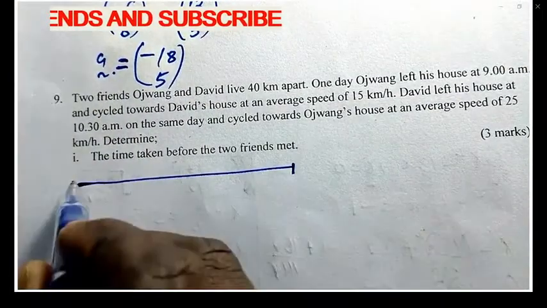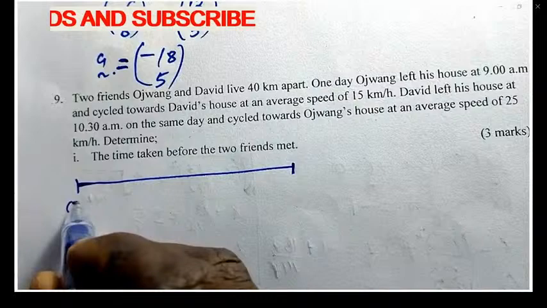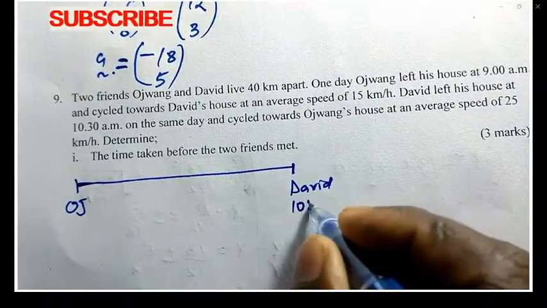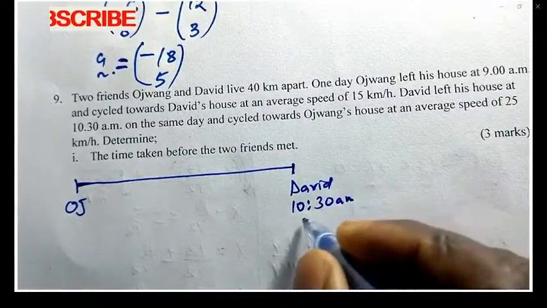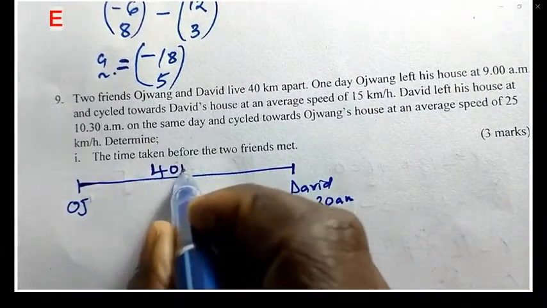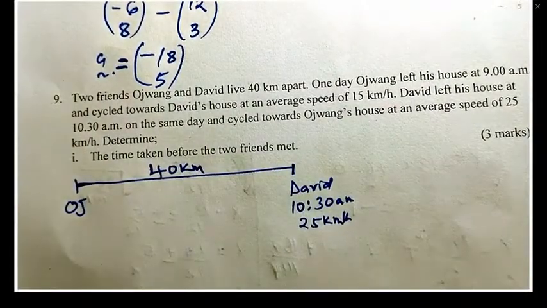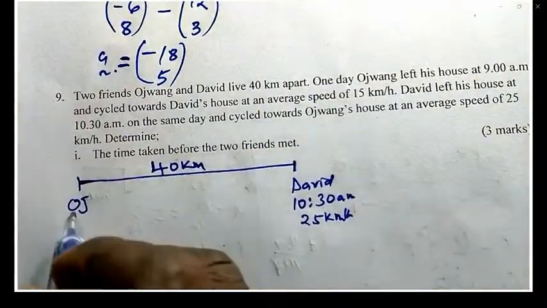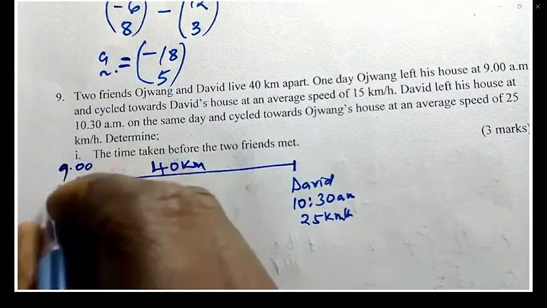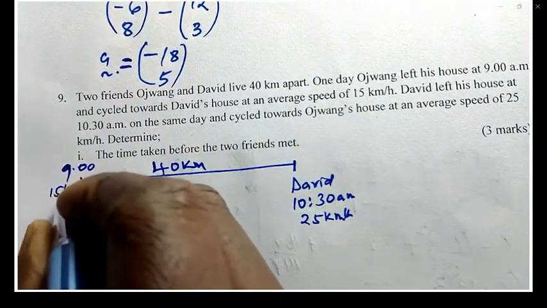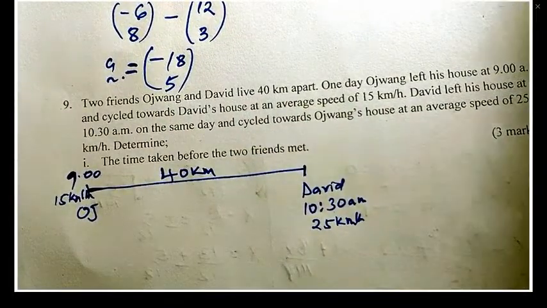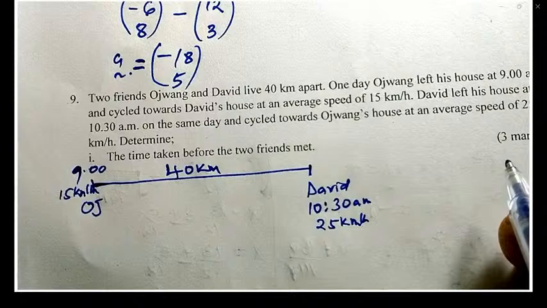So this is Ojuang and this is David. David starts at 10:30 a.m. The speed is 25 kilometers per hour. The distance between them is 40 kilometers. Ojuang left from here at 9 a.m. and his speed is 15 kilometers per hour. So David started later, so we want to look at the time difference.